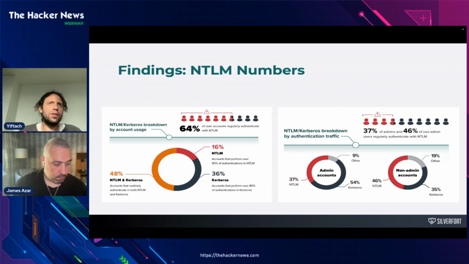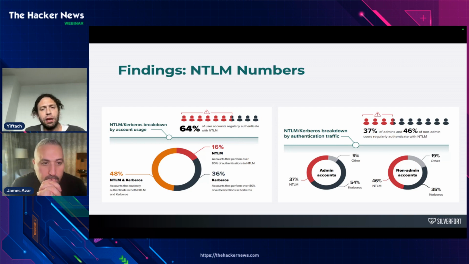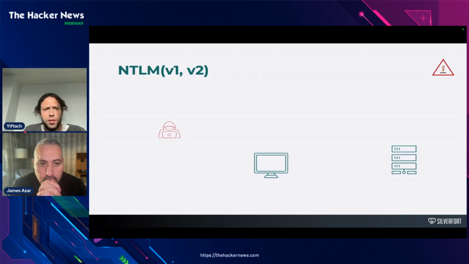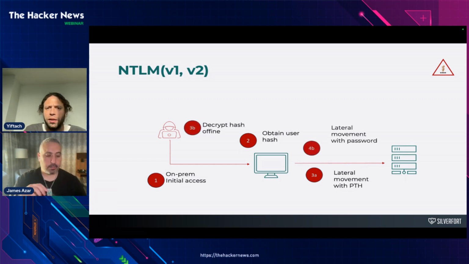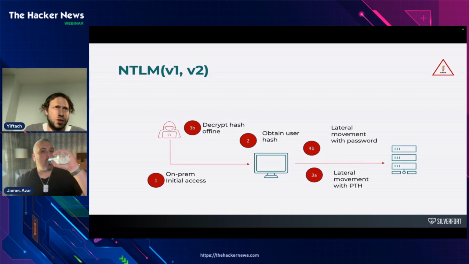Think how easy it is for an attacker that has got an initial foothold to put their hands on an admin NTLM hash, and then convert it into a password. And again, if we want to explore the on-prem standard attack path, you get initial on-prem access, obtain user hash. Either you do the lateral movement with pass the hash, or you decrypt the hash offline and do lateral movement with the password itself, which is much harder to detect.